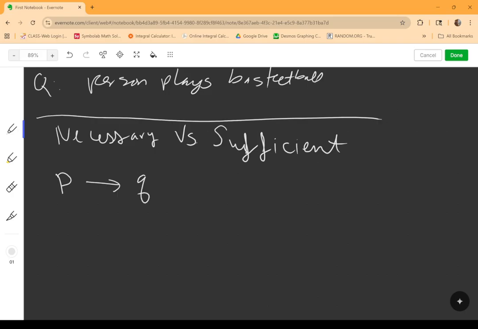If P implies Q, so if P happens, then Q happens.